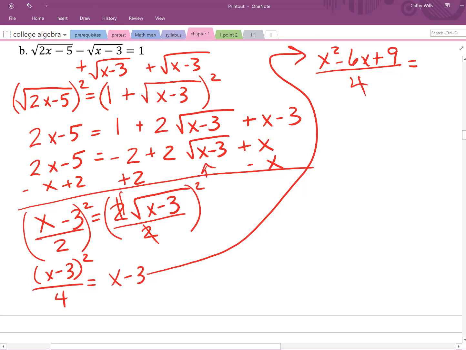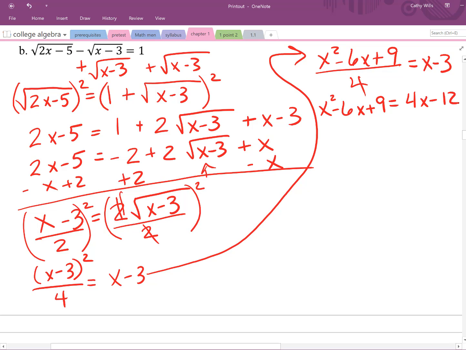I'm going to multiply both sides by 4 just to get rid of that fraction. So x squared minus 6x plus 9 equals 4x minus 12.